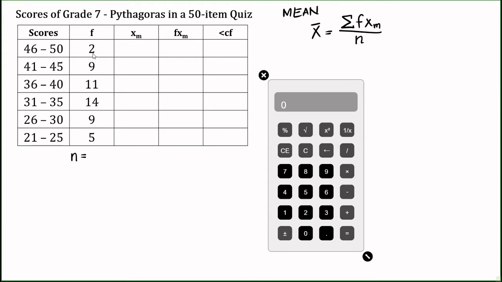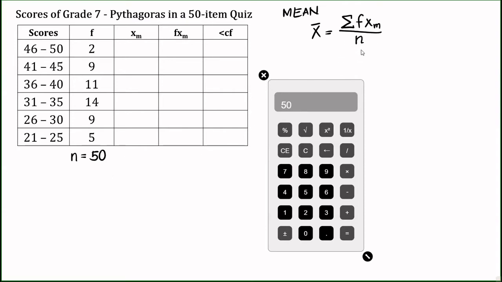Okay, so i-add na natin sila. 2 plus 9 plus 11 plus 14 plus 9 and then plus 5. So, the answer is 50. So, ang total frequency po natin ay 50. Yun po ang gagamitin natin na value ng n dun sa formula.